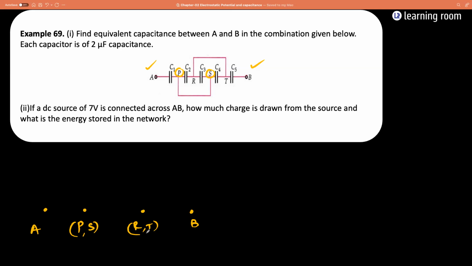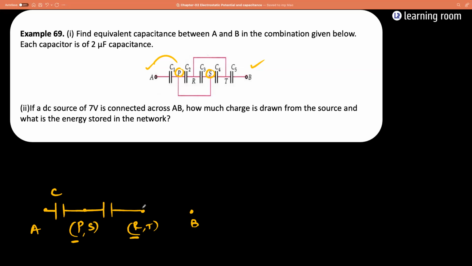Now what you will do is, from A to P, how many capacitors are going? It is 1. So let me call it C. Every capacitor is of value C or 2 microfarad, whatever it is. From P to R, there is 1 capacitor going.